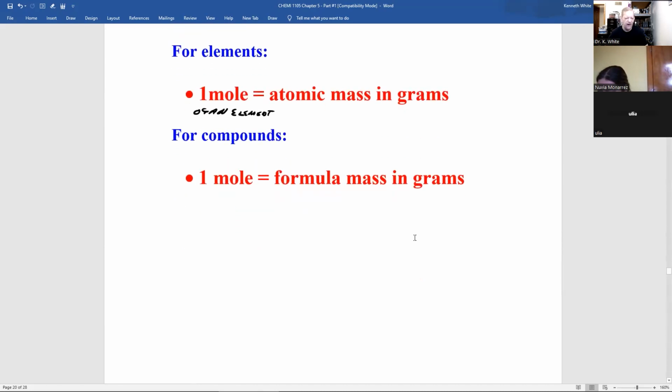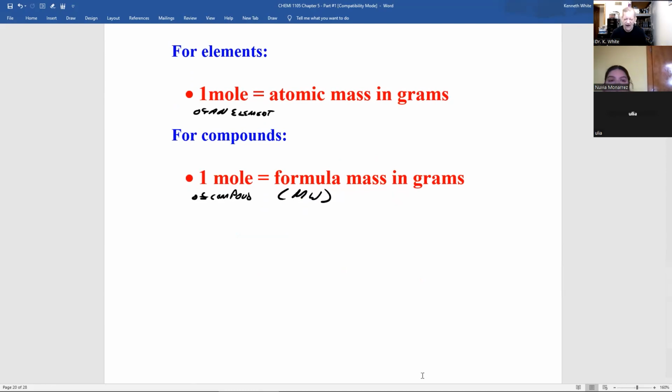Now, this is from your book, and 1 mole of a compound like water, H2O, is the formula mass, the molecular weight in grams, which is what we just figured.